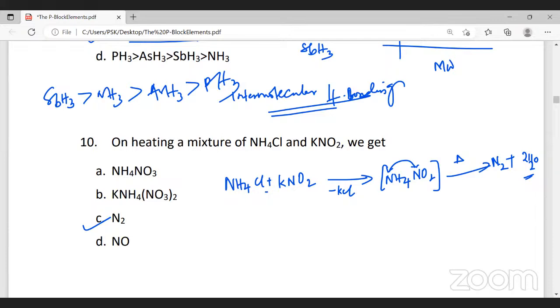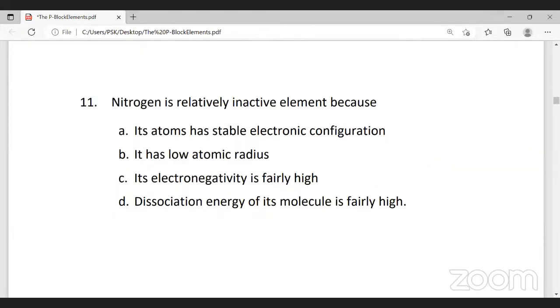Next question, the 11th question. Nitrogen is a relatively inactive element because its atoms have a stable electronic configuration. It has a low atomic radius. Its electronegativity is fairly high. Dissociation energy of the molecule is fairly high.